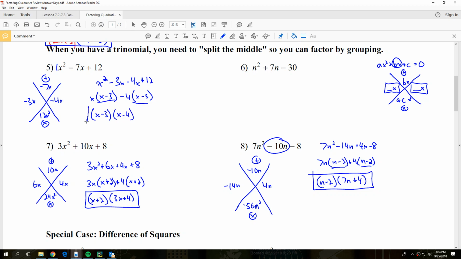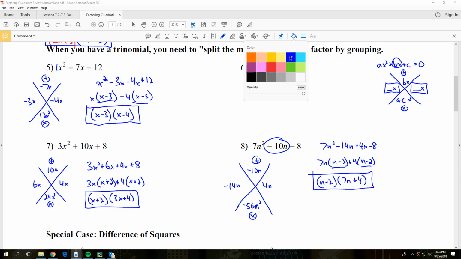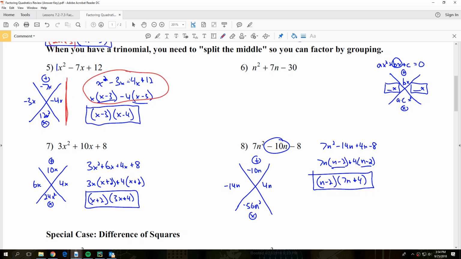Now, this guy right here, I could have stopped right after I found, actually, let me, whoops, here's my solution. Let me change my color here. So I could have stopped right here. I didn't actually have to go through this whole process of grouping.